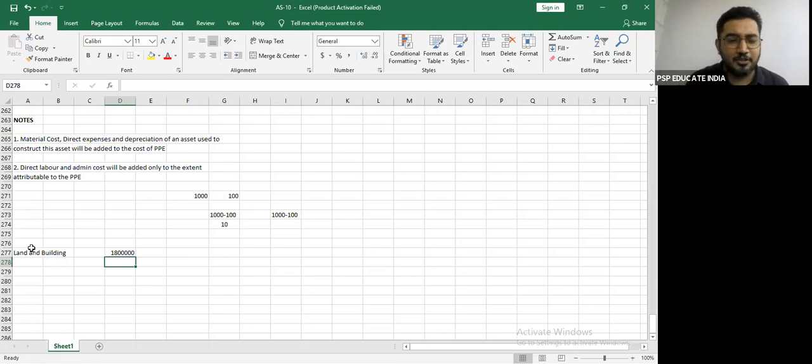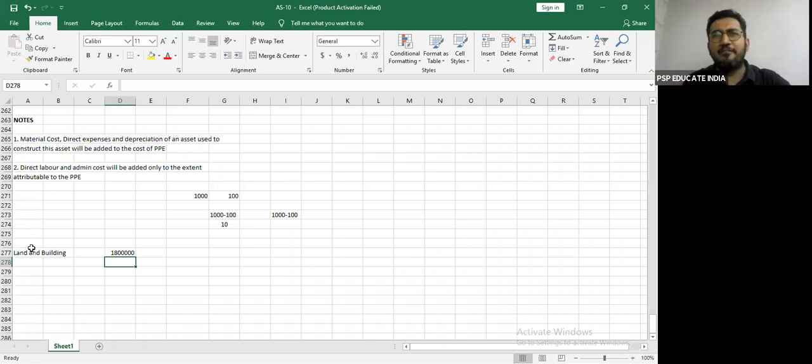After finding the useful life of the component, you calculate depreciation component wise. तो हर एक depreciation का component wise calculation करना है हमको. ध्यान देना, क्योंकि हर एक का कैलकुलेशन हमें कंपोनेंट वाइज करना है. इस पूरे अप्रोच का नाम क्या है? कंपोनेंट अप्रोच. Are you getting it? This entire approach is known as the component approach.